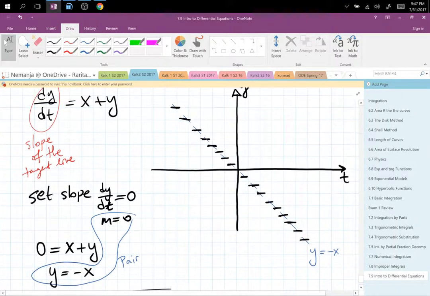So my new line is going through 1. And the slope on it is 1, which means like that. Because that's the 45-degree slope.